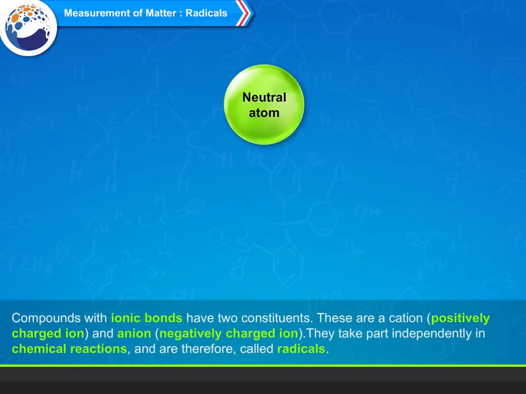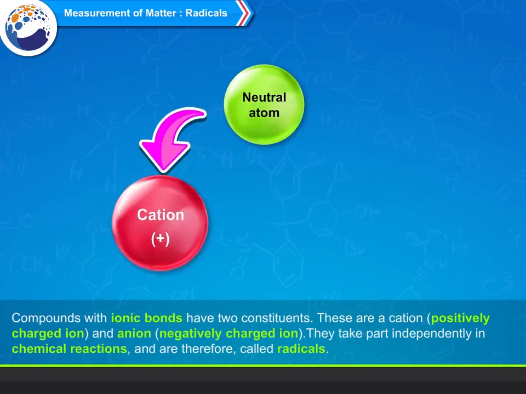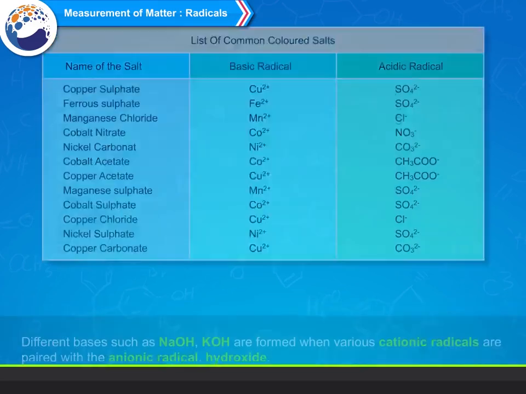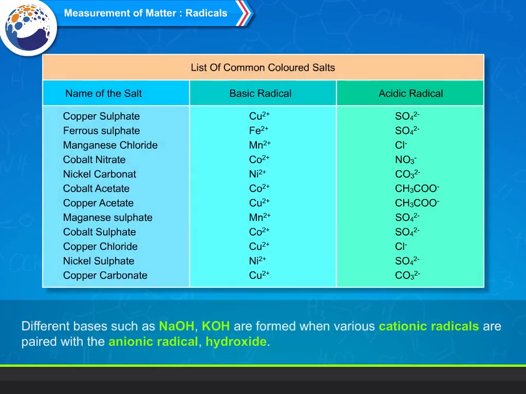Radicals. Compounds with ionic bonds have two constituents. These are a cation, positively charged ion, and anion, negatively charged ion. They take part independently in chemical reactions and are therefore called radicals. Different bases such as NaOH, KOH are formed when various cationic radicals are paired with anionic radical hydroxide.